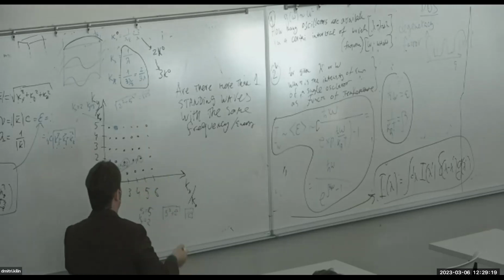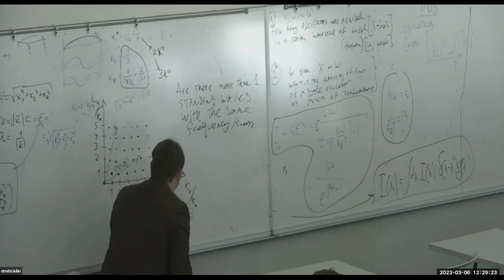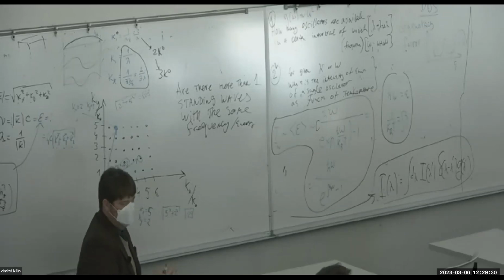Like 5.3. Is there any difference in the length of these two vectors? So we found that, well, there will be more, but we found that at least two standing waves have the same frequency, right? And this is the main goal of our meeting.